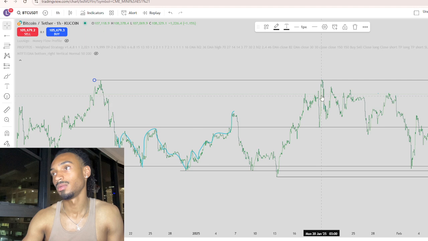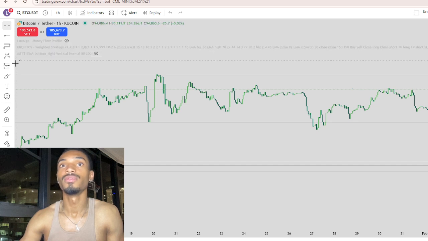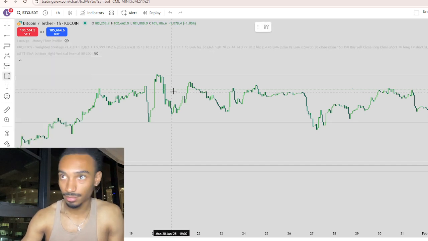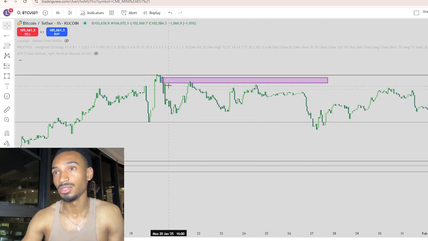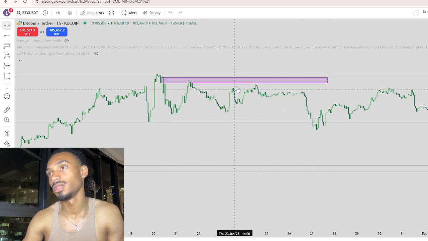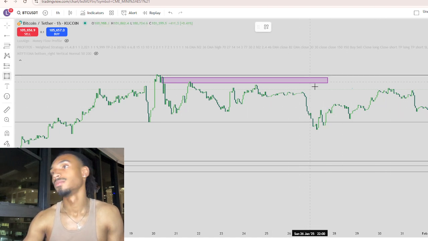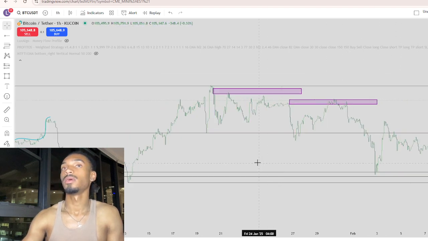We push up into it, sweep liquidity, we break structure, leaving behind a beautiful fair value gap. This one was extremely clean, guys. We just barely tap back into it, and then price continues lower. We get another gap here after we continue lower, and sell off from that one as well.